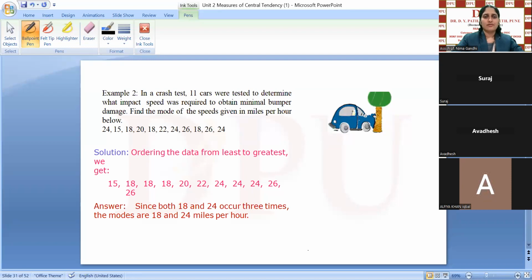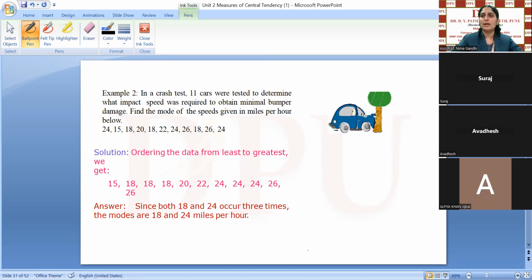First you have to order the data so that you will come to know easily which value is repeating how many times. Okay, so once the data is arranged, here you can easily see that your value 18 is repeating 3 times, as well as 24 is repeating 3 times. So in this particular data, you have two modes.